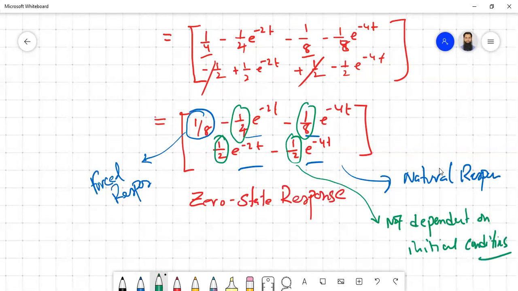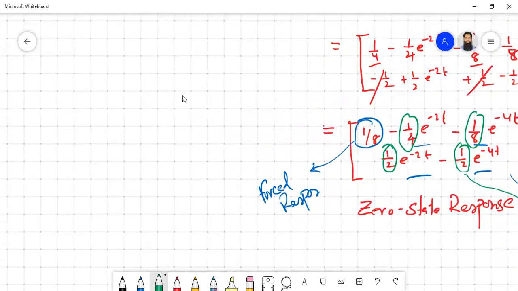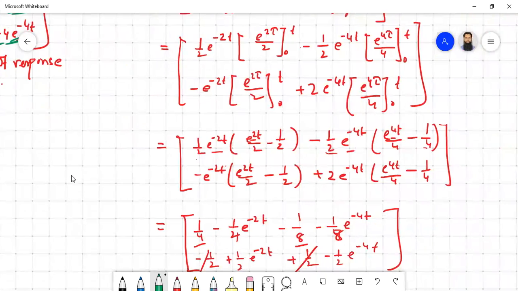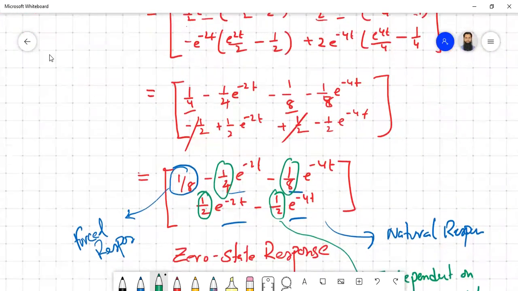As we are seeing, your natural response is somehow distributed. So the natural response is available here, and these coefficients are dependent on the initial condition, because this is based on the initial value. Whereas the natural response is also available in this portion, but these coefficients are not dependent on the initial condition.